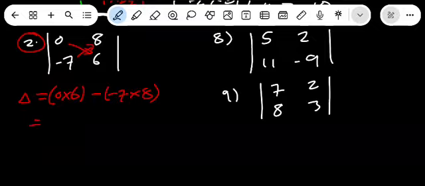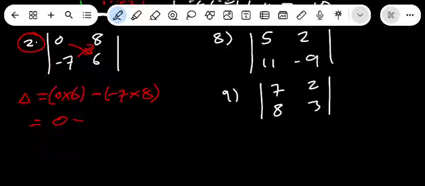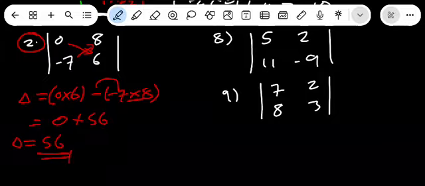This equals 0 minus, when you distribute this minus, the negative affects the negative, so we have positive. Then 7 times 8 is 56. So the determinant of this 2 by 2 matrix will be 56.